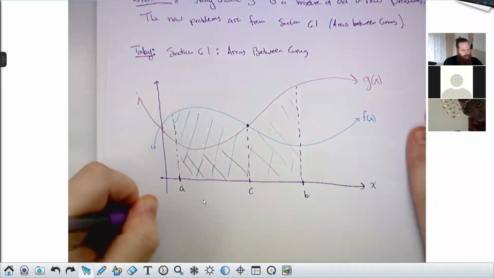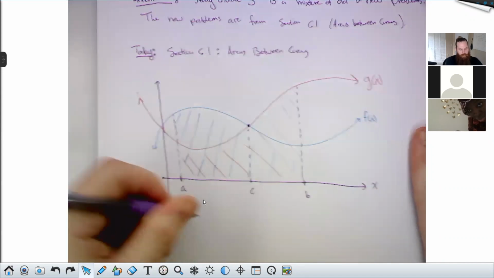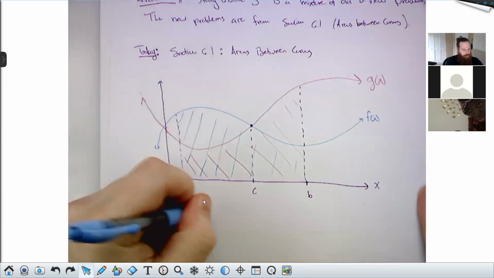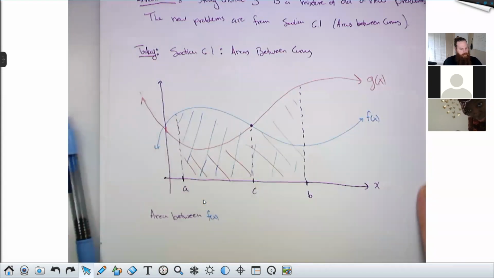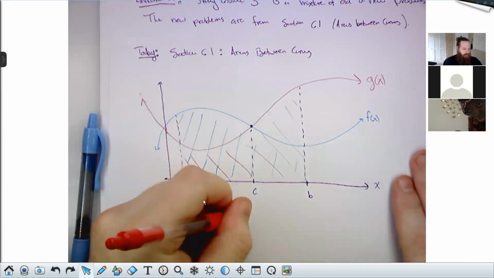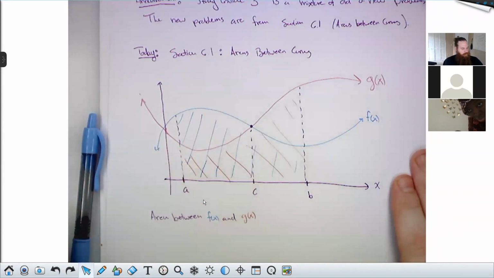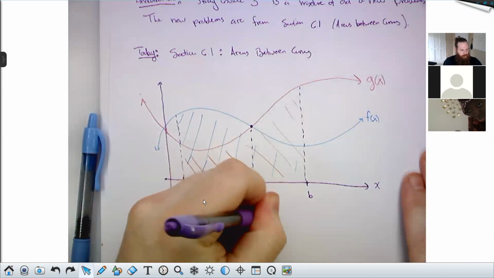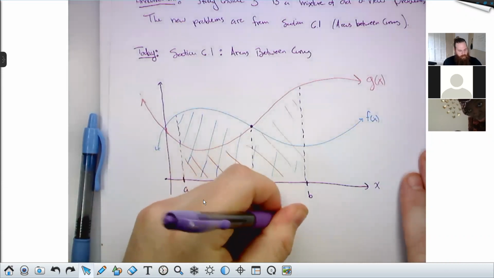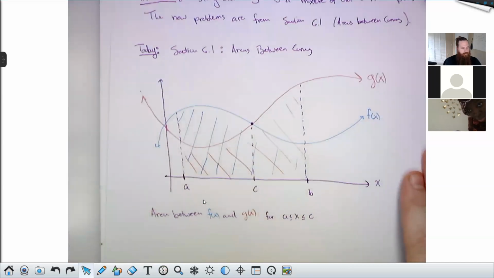So the area between f of x and g of x for a less than or equal to x less than or equal to c.